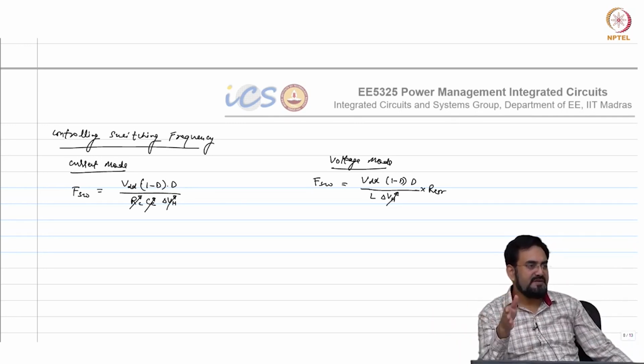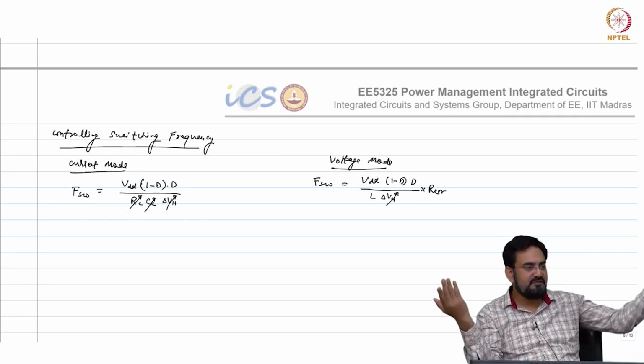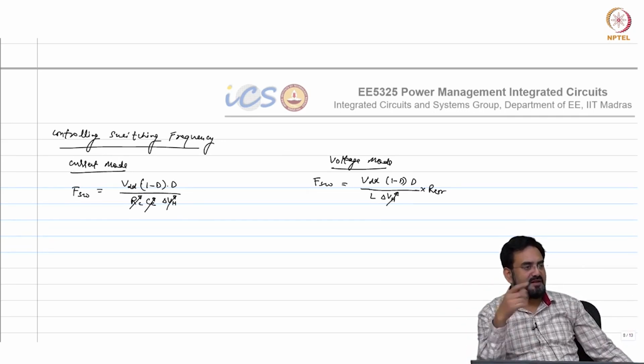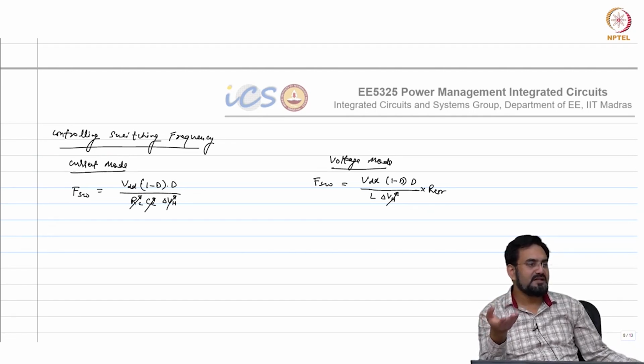At 50% duty cycle, if you fix 1 megahertz, how much was that? From 0.25, you remember, we are going to 0.1, so a 2.5 times change, more than 2x change. And once you consider the changes in L and RESR, it may be 4-5x. So 10 millivolt is the ripple. If you want to reduce it 10 times, your hysteretic window may be required to be 1 millivolt. At 1 millivolt, the comparator offset, noise, everything will kill it.